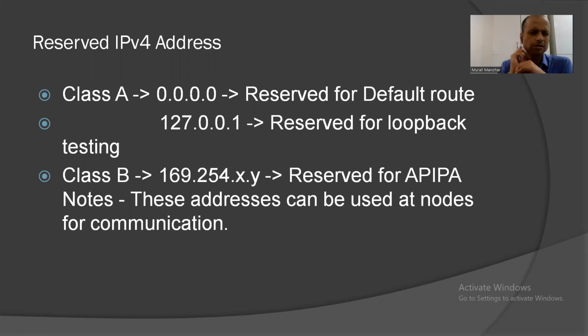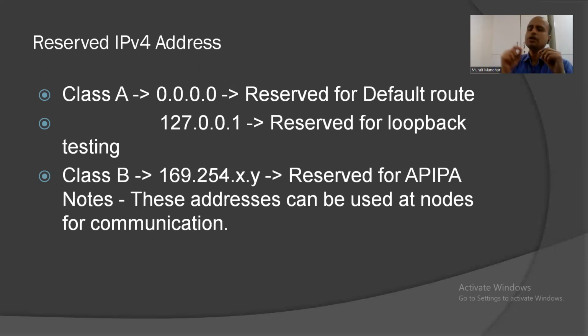Let me give you an example. Suppose your machine is trying to get an IP address from a DHCP server. And what is DHCP? DHCP is a protocol that is used to provide IP addresses to different nodes in a network.